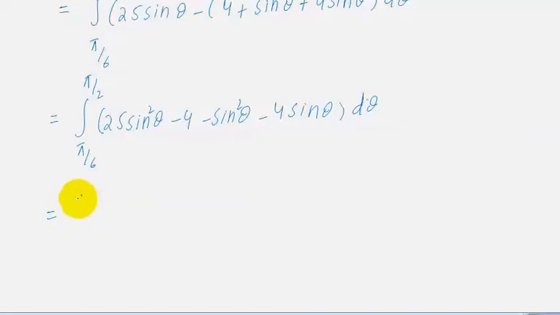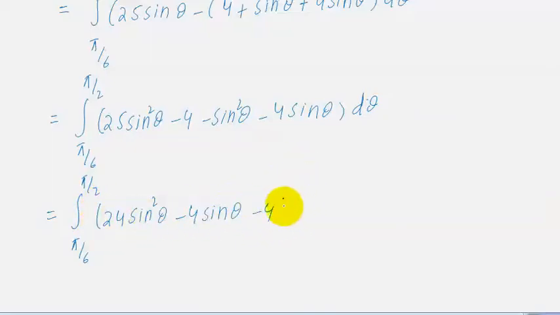This is equal to the definite integral from pi by 6 to pi by 2 of 25 sin square theta minus sin square theta, which is 24 sin square theta, minus 4 sin theta minus 4 d theta.